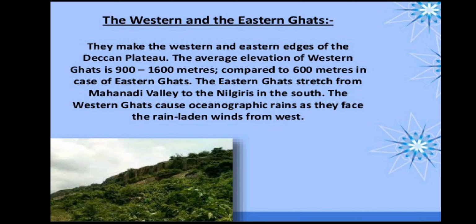The average elevation of Western Ghat is 900 to 1600 meters compared to 600 meters in the case of Eastern Ghat. The Eastern Ghats stretch from Mahanadi Valley to the Nilgiris in the south. The Western Ghats cause orographic rains as they face rain-laden winds from the west. From west, winds come from Arabian Sea, and it causes rain.